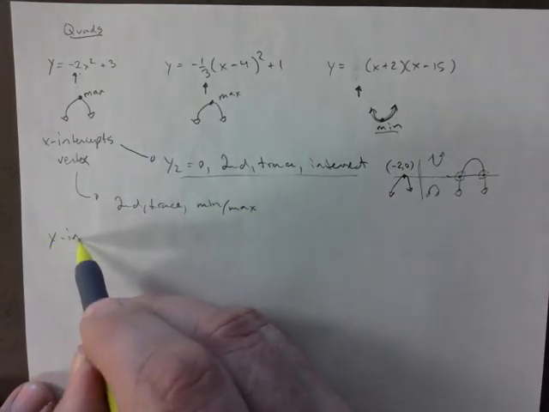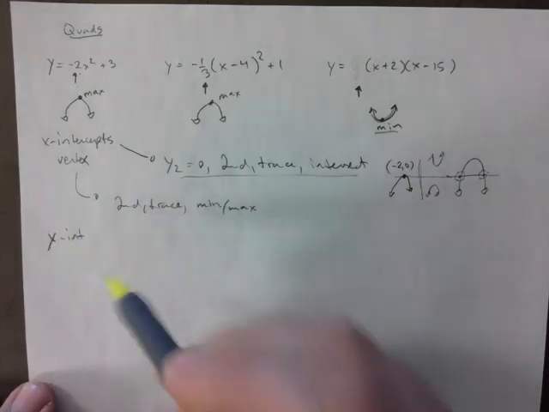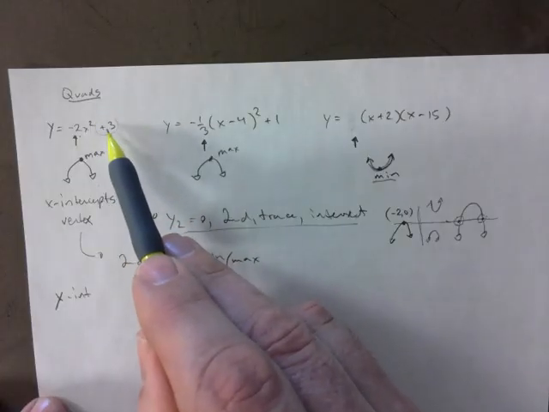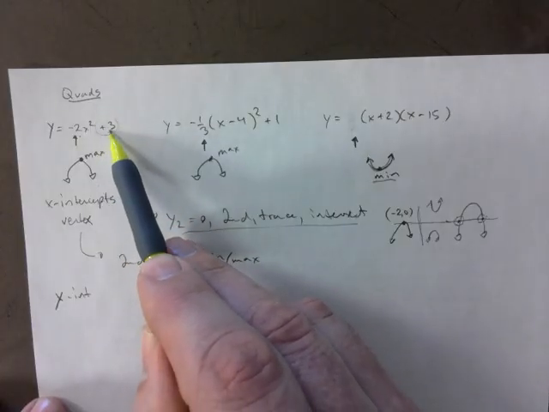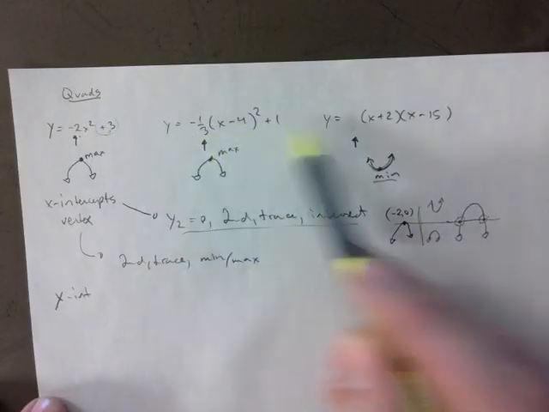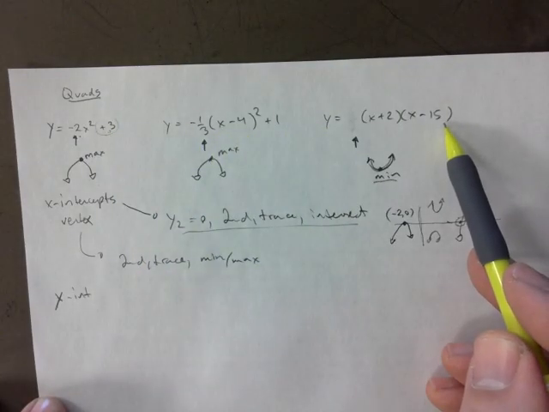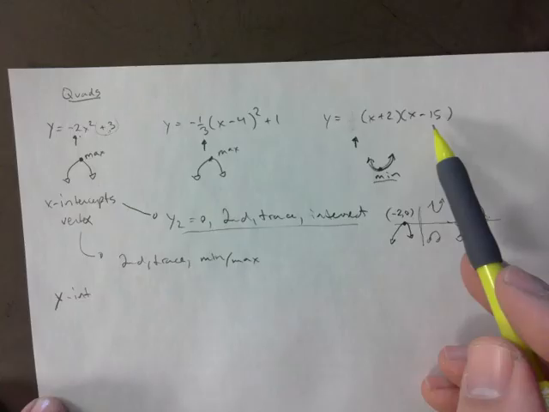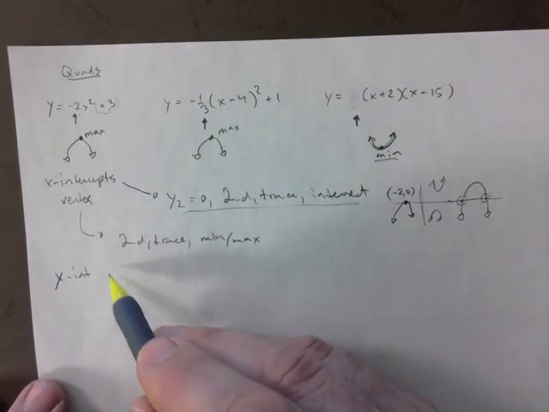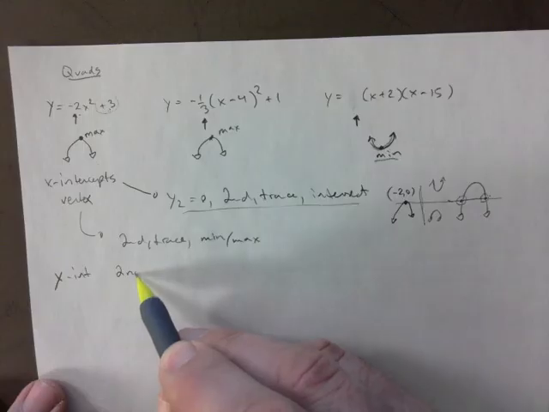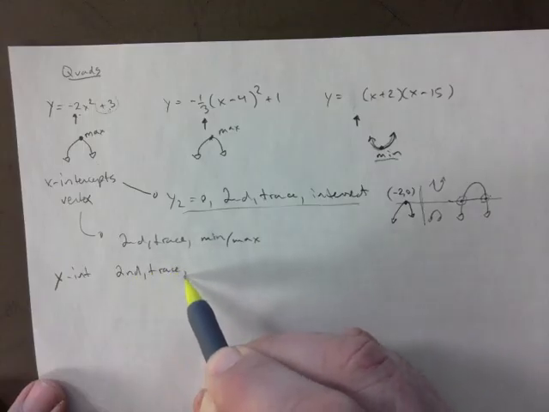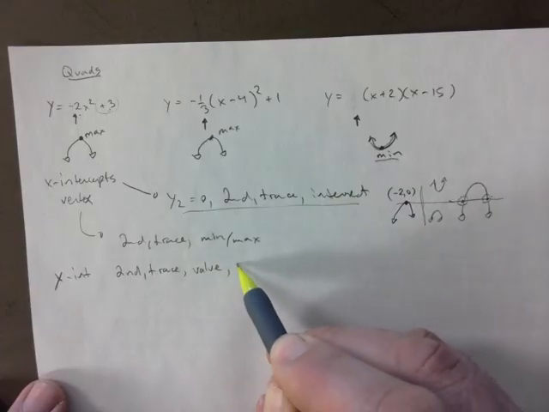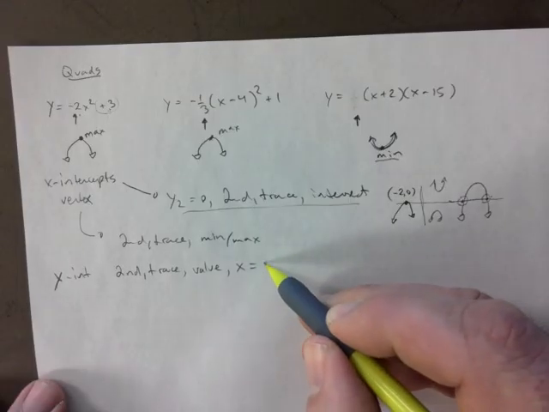And the y-intercept, I didn't talk about this one enough because when it's in general form, it's always this last number that tells us what the y-intercept is, correct? But when it's in these other forms, you don't know what it is off the top. You have to actually calculate it. If you don't feel like doing that, you can always use this function, second trace, I talked about it, I think at least value, and you let x equal to 0.